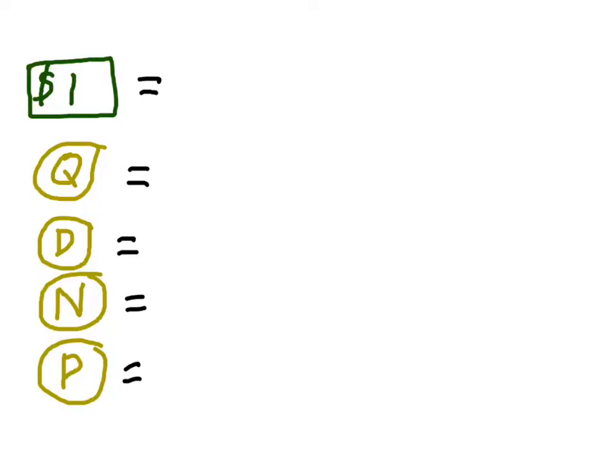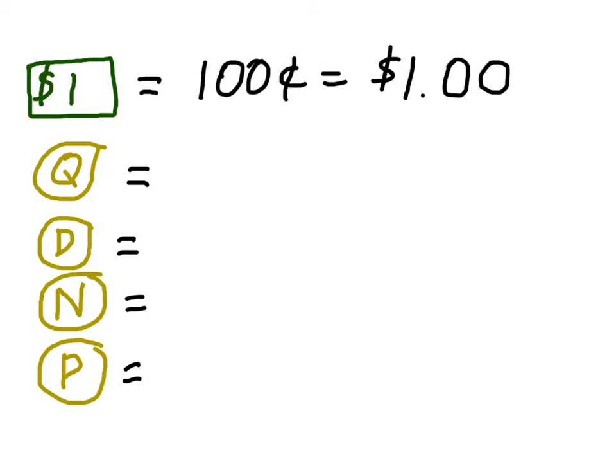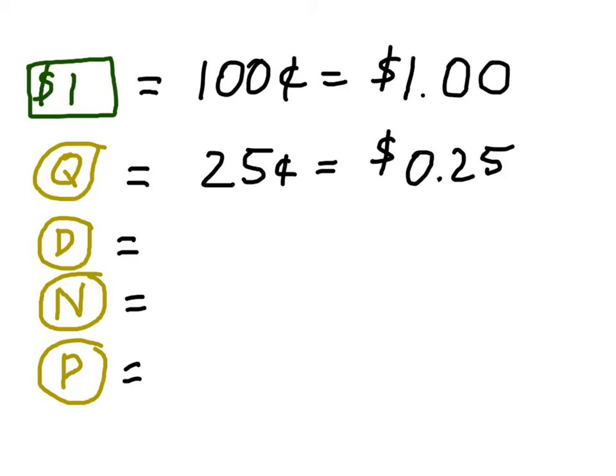Now, the American money, again, if you're American, this is probably easy, but this $1 is 100 cents, or $1. And that's the way it would look. And this is a quarter, and this would be equal to 25 cents. And there you can see that written two ways.